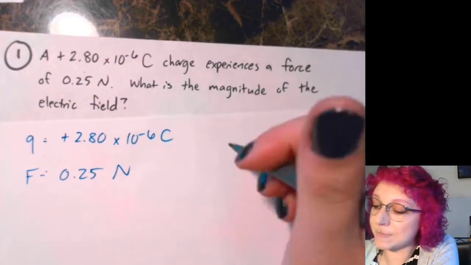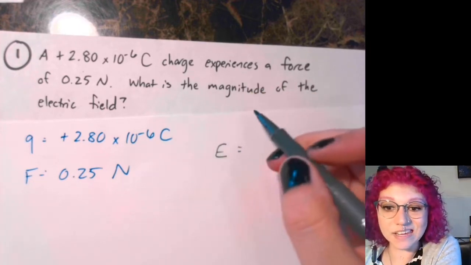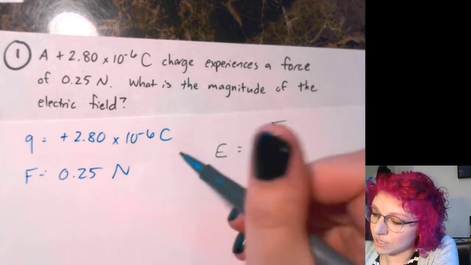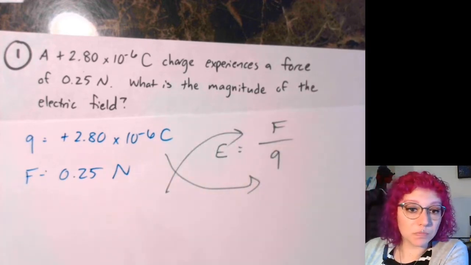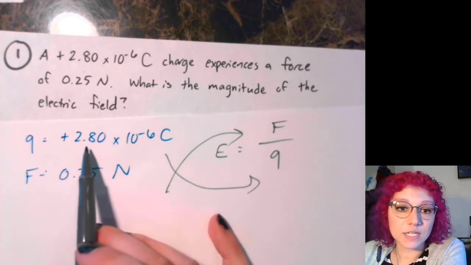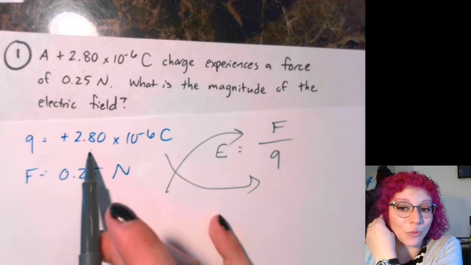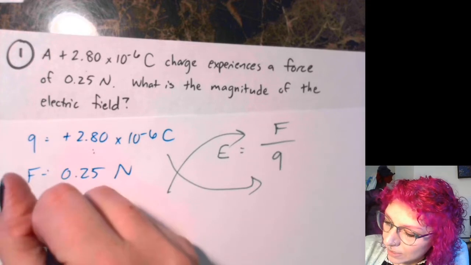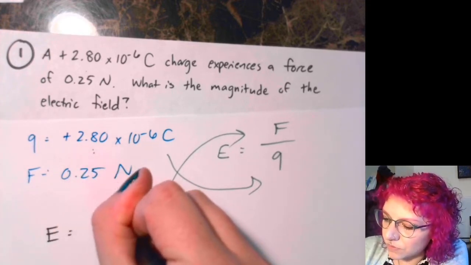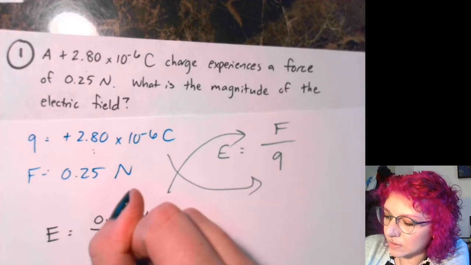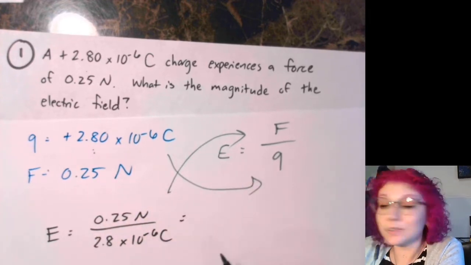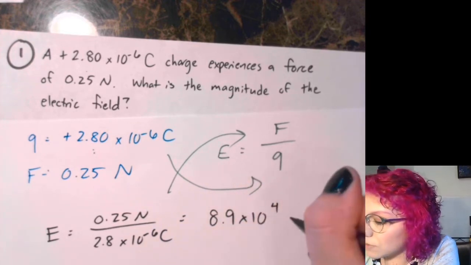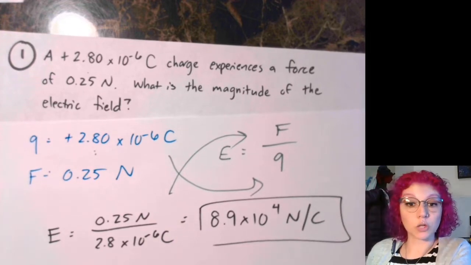I also know that my electric field equation is E, the electric field, is equal to the force per unit charge. This is just a plug and chug problem. So I have 0.25 newtons divided by 2.8 times 10 to the minus 6 coulombs. And when I plug that into my calculator, I get 8.9 times 10 to the 4th newtons per coulomb.